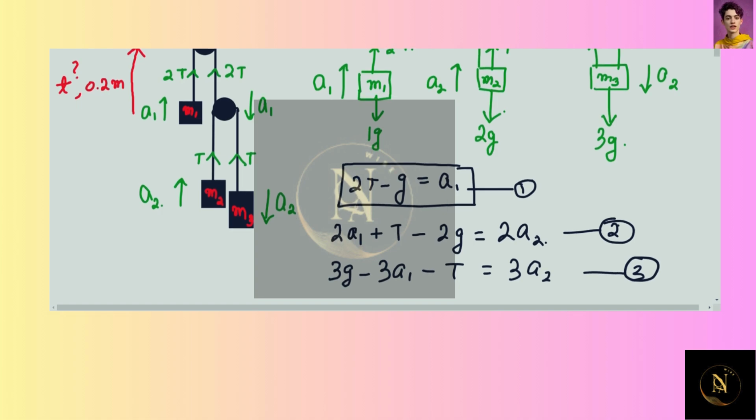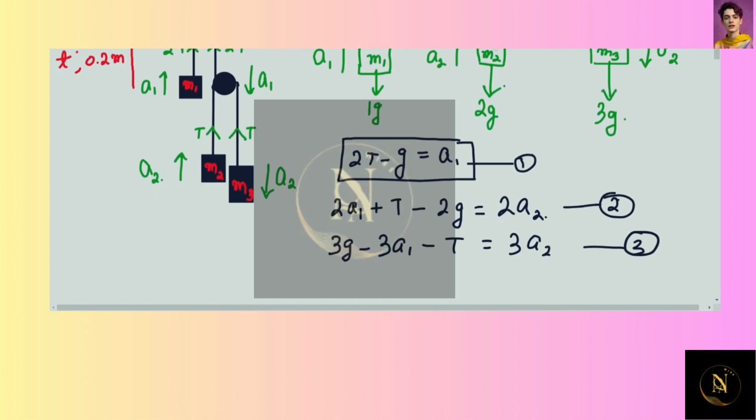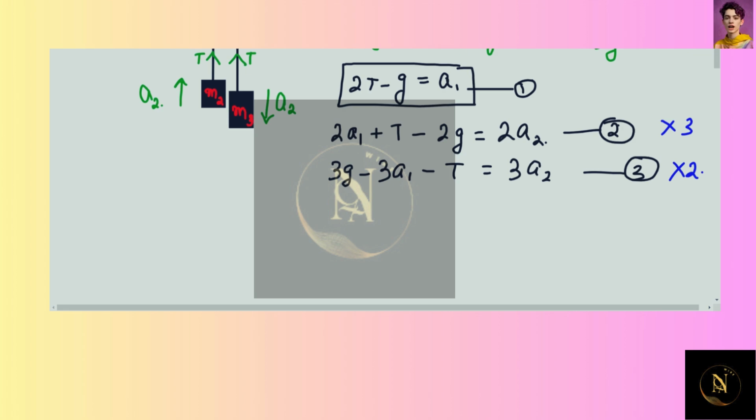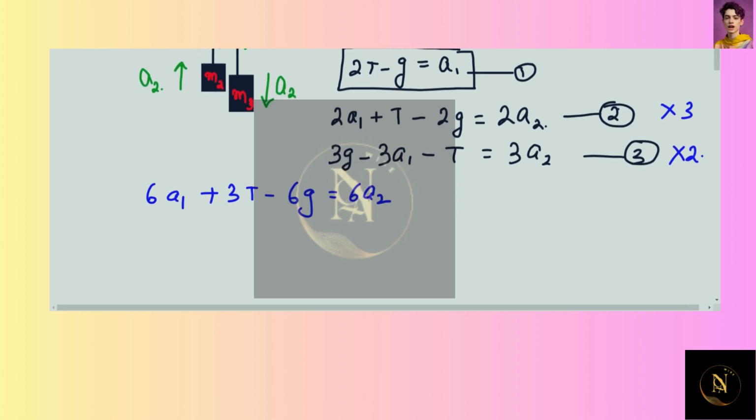Now we solve these equations, and to do that we multiply equation 2 with 3 and equation 3 with 2. Multiplying equation 2 with 3, we get 6A1 plus 3T minus 6G is equal to 6A2. Multiplying equation 3 with 2, we get 6G minus 6A1 minus 2T is equal to 6A2.